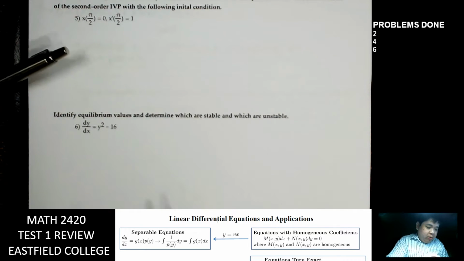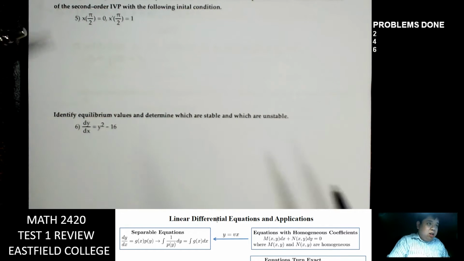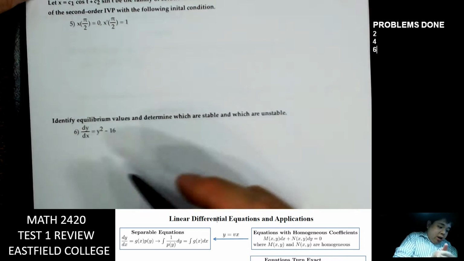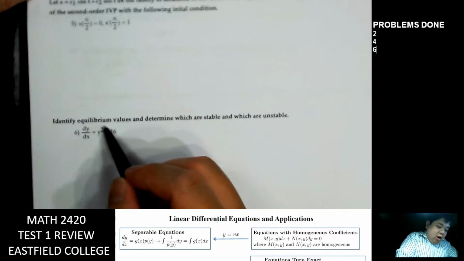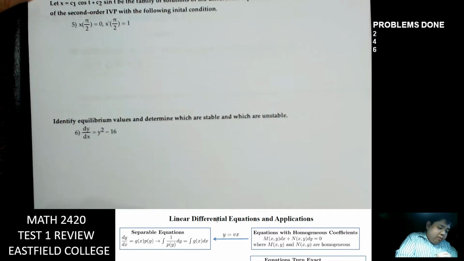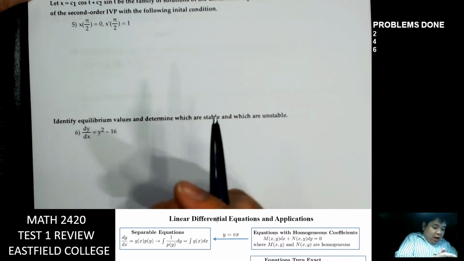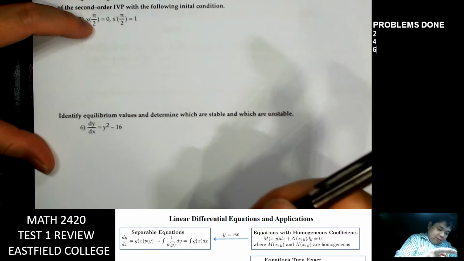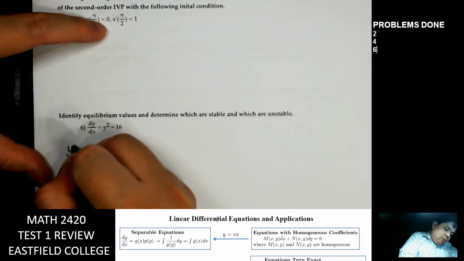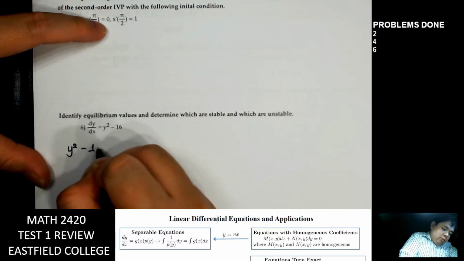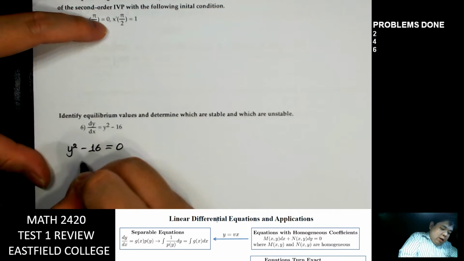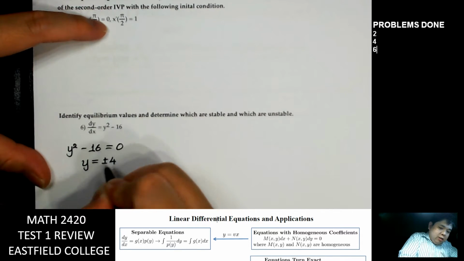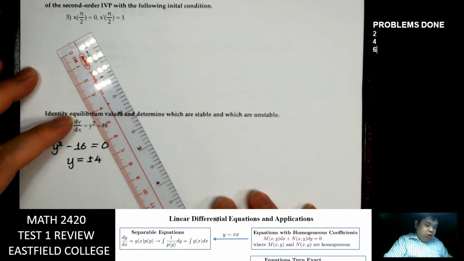So for equilibrium, by the way, this is an autonomous equation. So the function only depends on y, and we set it equal to 0 to find the equilibrium. So obviously we're going to get plus or minus 4.